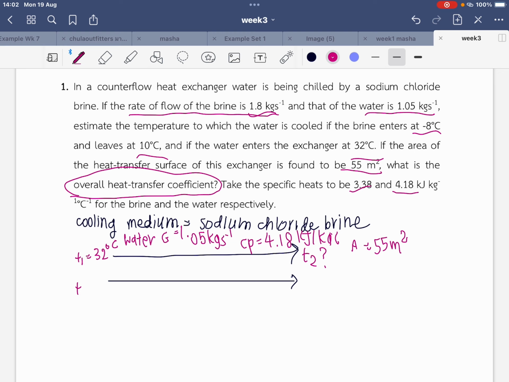T1 is 10. Sorry. And T2 is minus 8. And the NaCl is 1.8, and CP is 3.38.